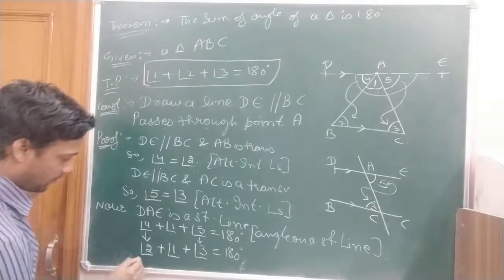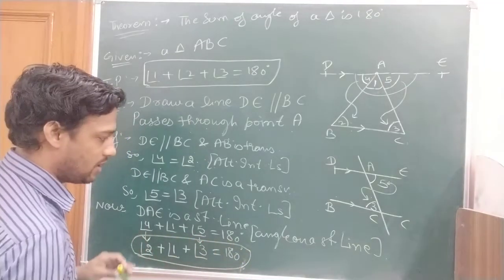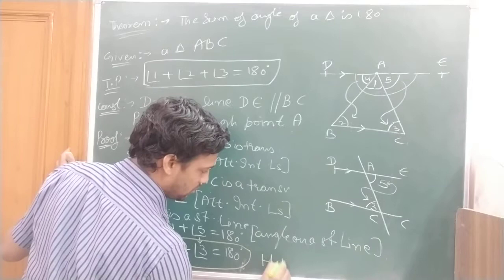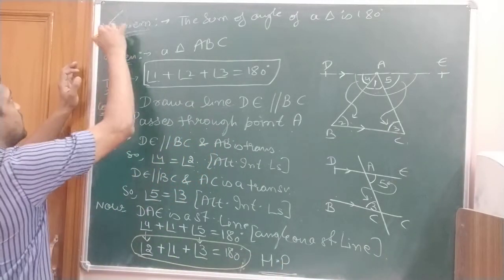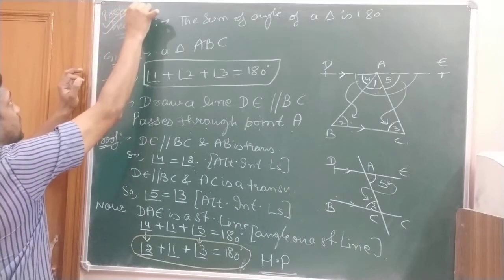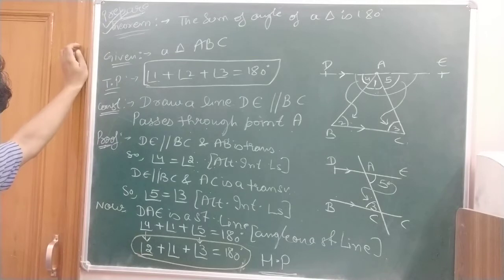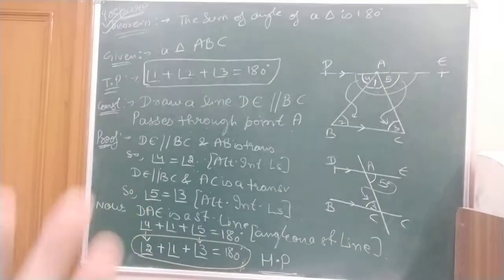Now we are here. Angle 1 plus 2 plus 3 equals 180 degrees. Hence proved. This theorem is in your syllabus, so prepare this also and write it in your copy also. Clear?